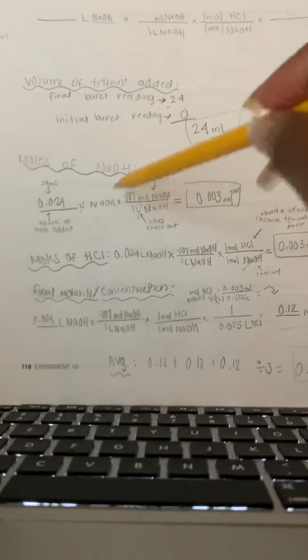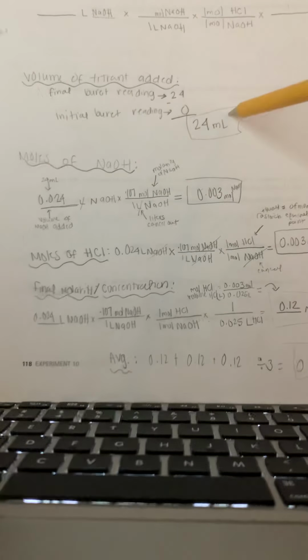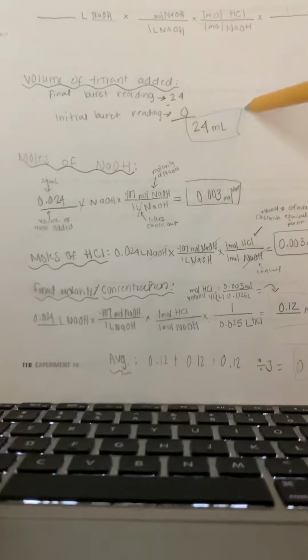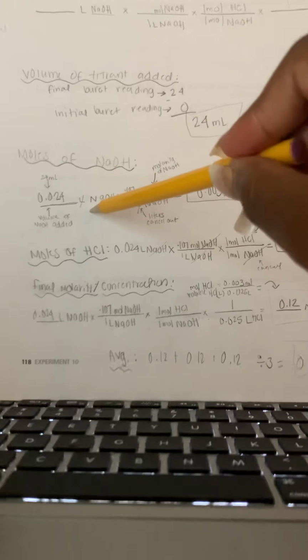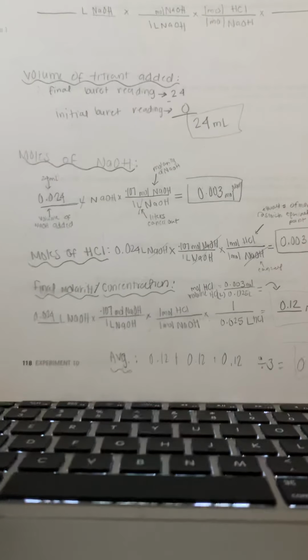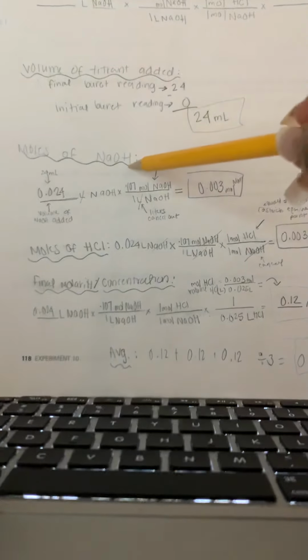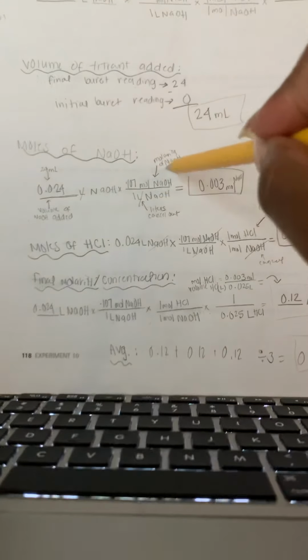Here we have 0.024. The way we got that was by taking the 24 milliliters of the titrant and converting it to liters, which gives 0.024 liters of sodium hydroxide. Then we multiply by 0.107 moles of sodium hydroxide divided by 1 liter.